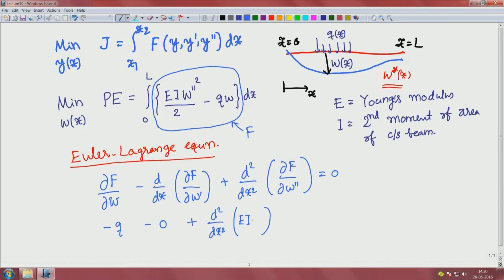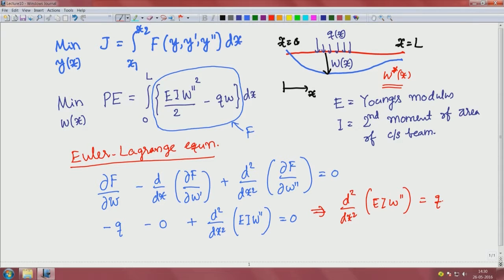So, we will have EI w double prime, and if I take this q to the other side because of minus q, I will have d square by dx square of EI w double prime equal to q.